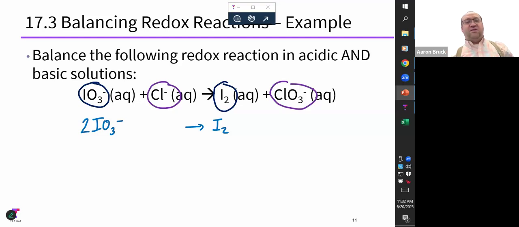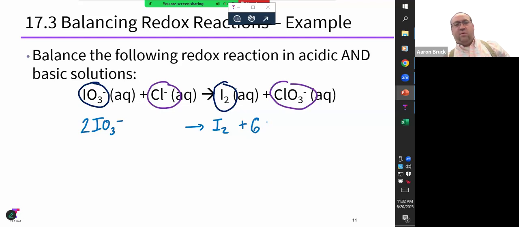To balance oxygens, I need to use water molecules on the opposite side. So I have 6 oxygens here that are unaccounted for. I'm going to need 6 water molecules to give me those 6 oxygens.